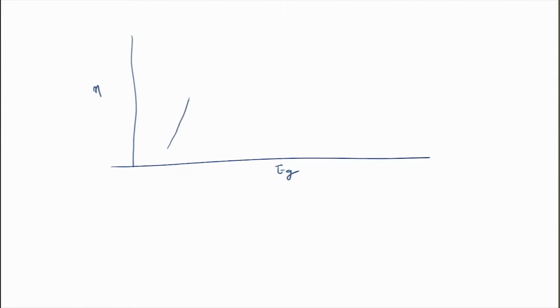So, next I would just again draw the curve, as we saw last time. So, this is the efficiency curve as a function of EG, and this curve goes something like this, and this maximum efficiency is about 33%, and this falls around the band gap of nearly 1.4 eV.